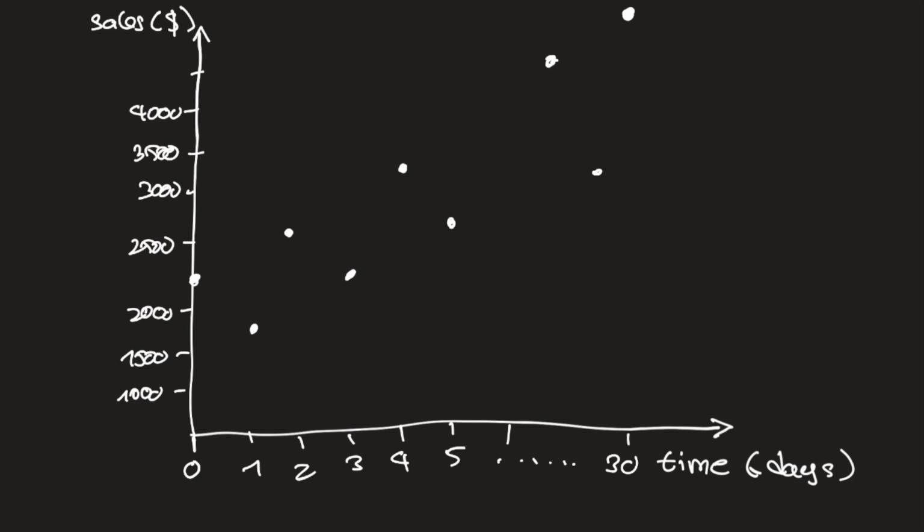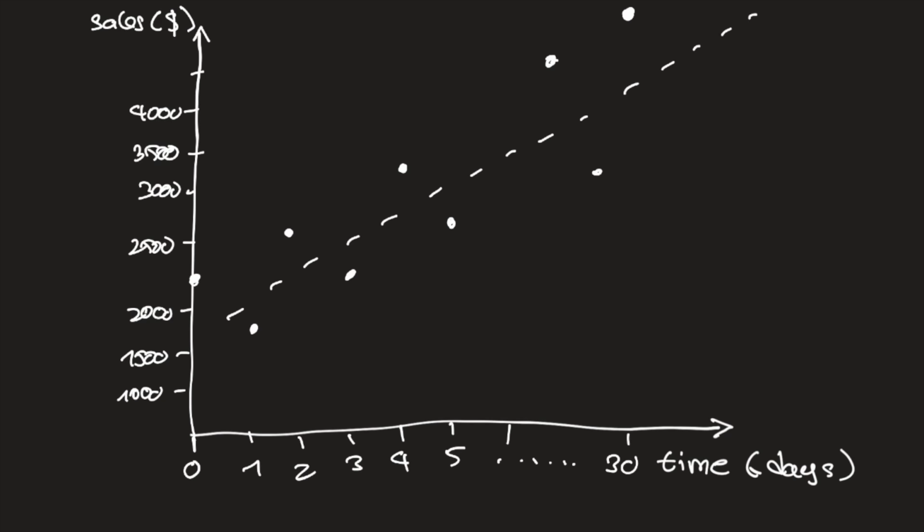And what we can do is plot a line, and this is just something that we do with our hands. So we are not using any mathematical device for this yet. We have a line, and this line gives us an intuition of what is the relationship between these two variables.